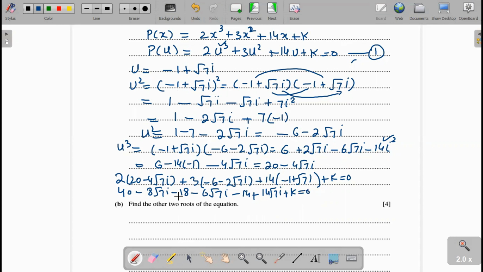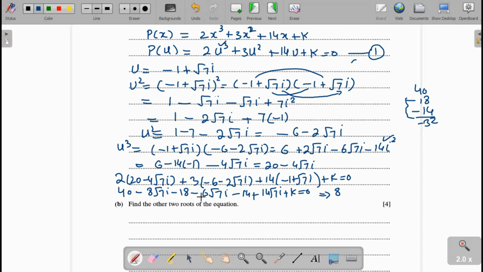Now 40 minus 18 minus 14, that will become 8.